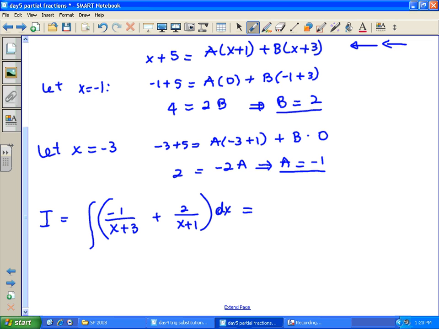We've done much more difficult integrals than these, each individual one. And what will be the answer? For the first one, it will be negative ln of x plus 3. And for the second one, 2 times ln of x plus 1 plus c.